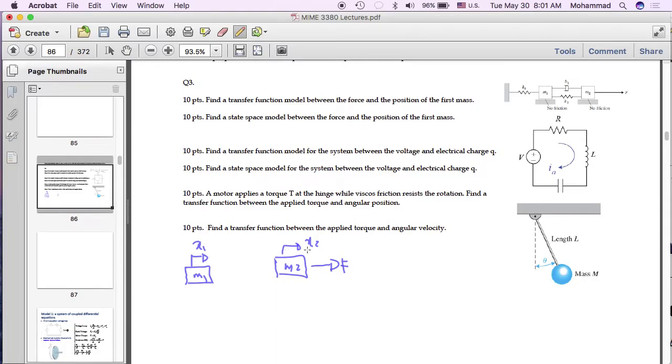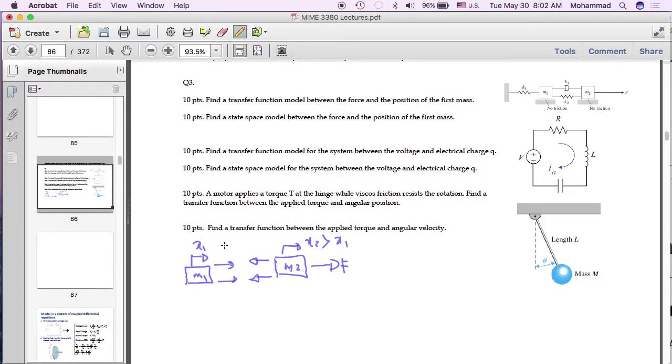If we make the assumption that x2 is larger than x1, it means that this spring in the middle is going to be stretched, which means the force of the spring is going to be this way for each of these two masses, and also the force of the dashpot.